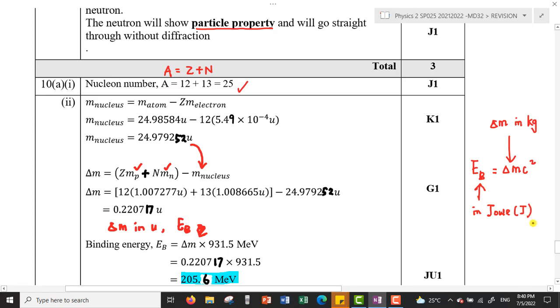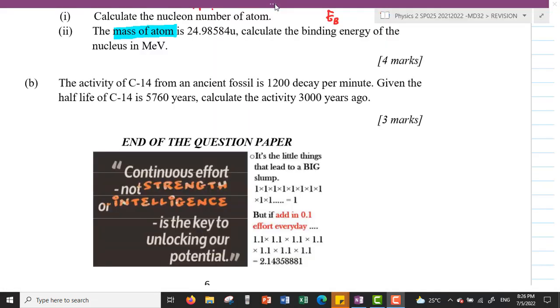Okay, so hati-hati dalam penggunaan formula untuk cari binding energy. So binding energy, kalau you nak cari dalam unit joule, mass defect you mesti dalam kg, you boleh darab terus dengan C kuasa 2. Tapi kalau mass defect you diberi dalam U, anda boleh terus cari binding energy dengan anda darabkan mass defect dengan 931.5 mega electron volt.